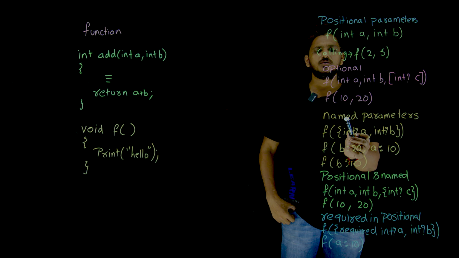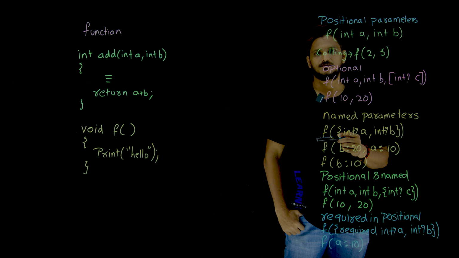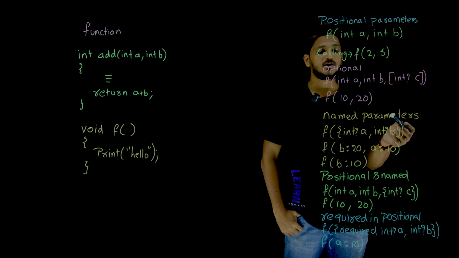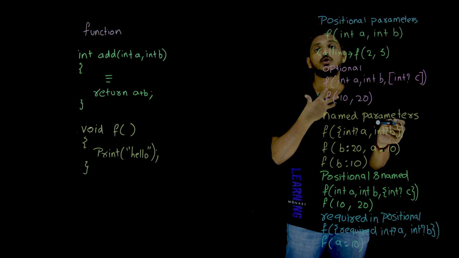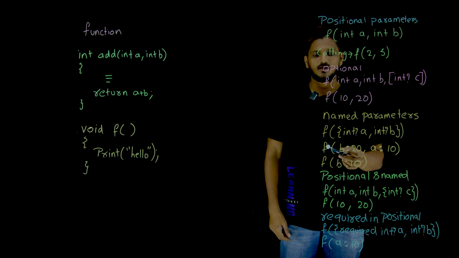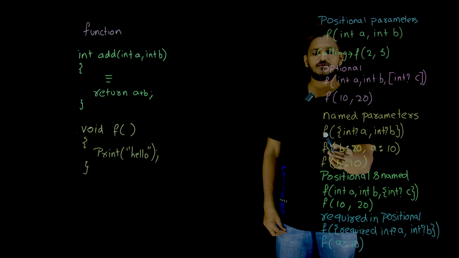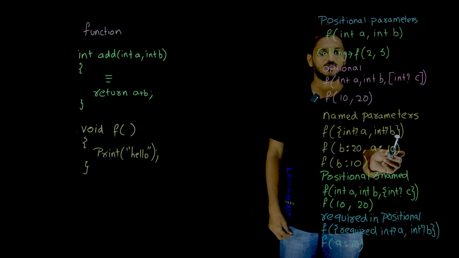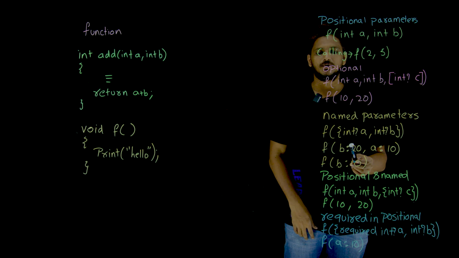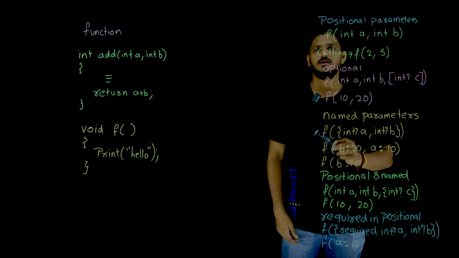Next one is named parameters. What do named parameters mean? During the function call, you can assign values based on the name. If you want to define named parameters, you use curly brackets: f({int a, int b}).